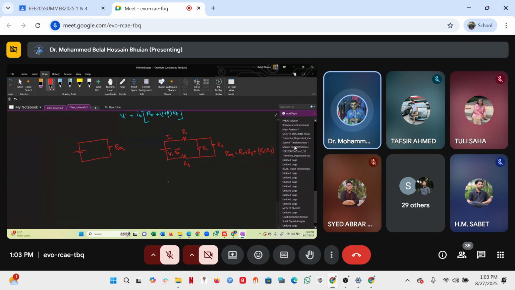All right, so the voltage is VI and the current is II. I can determine II as VI divided by R equivalent, or we can say R equivalent can be written as VI divided by II.